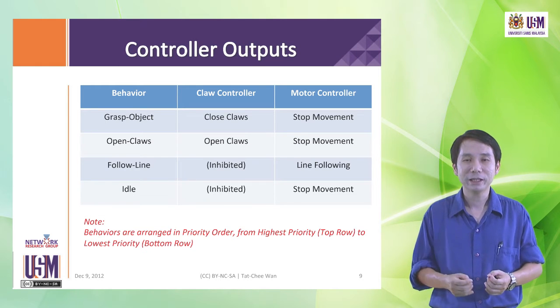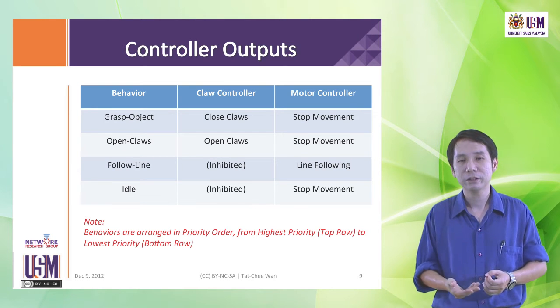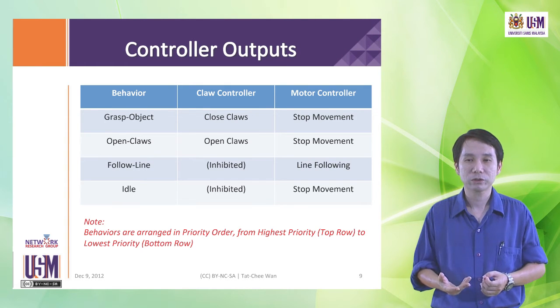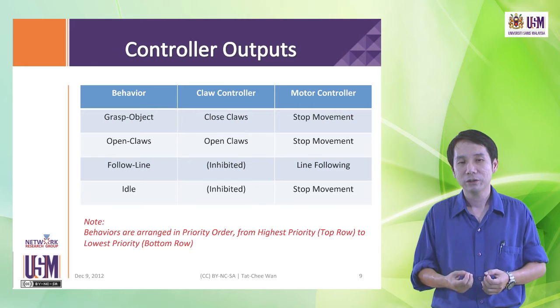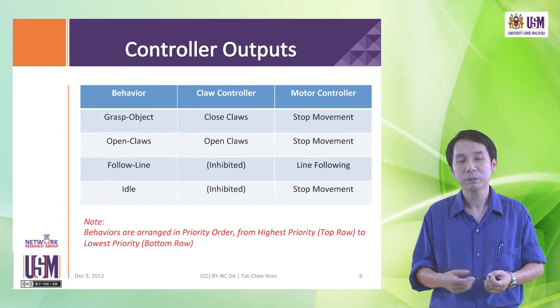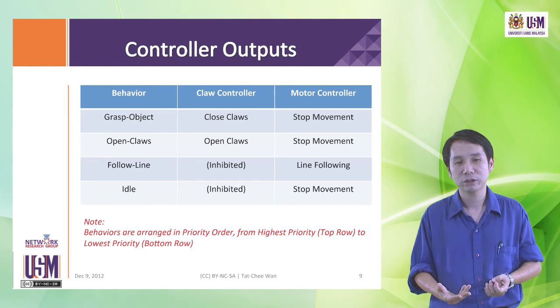The table shown here are the controller outputs for the various behaviors. For the grasp object behavior, the claw controller will close the claws, and the motor controller will stop movement. In the case of the open claws behavior, the claw controller is to open the claws as well as to stop movement of the wheels by the motor controller.